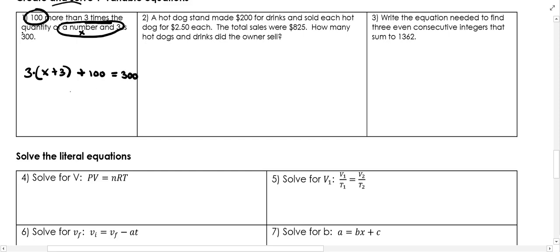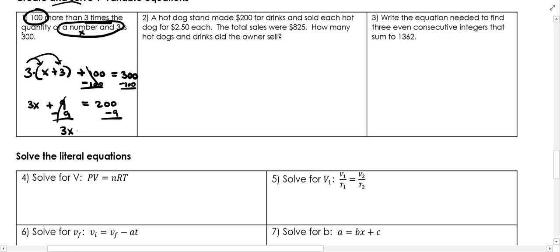Goodness gracious. All right. Subtraction property of equality, both sides. I'm going to use the distributive property here. So we have 3x plus 9, that's 3 times 3, equals 200. Subtract 9 on both sides.